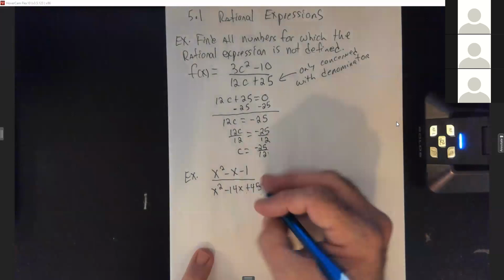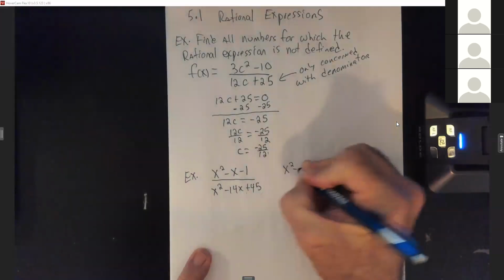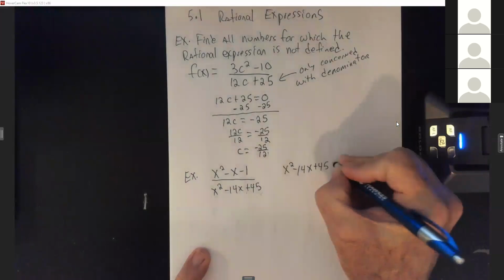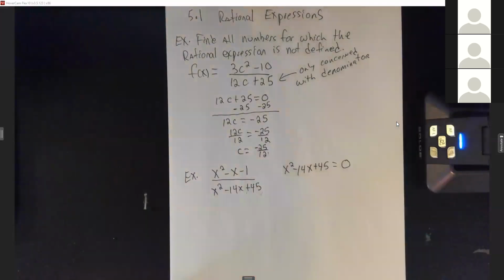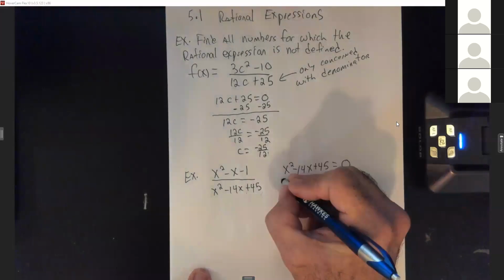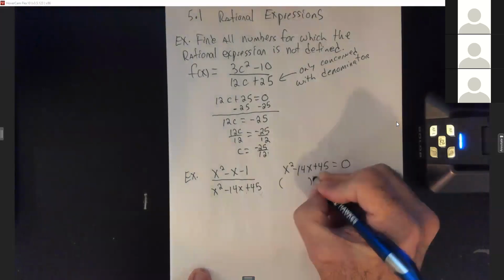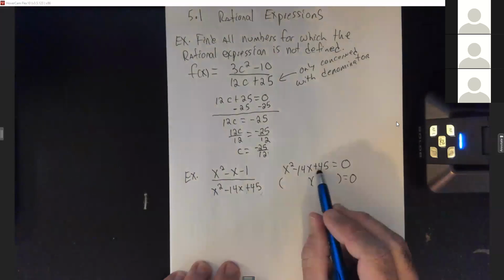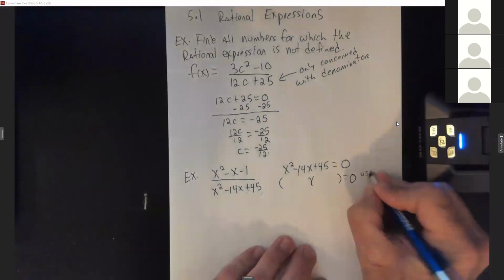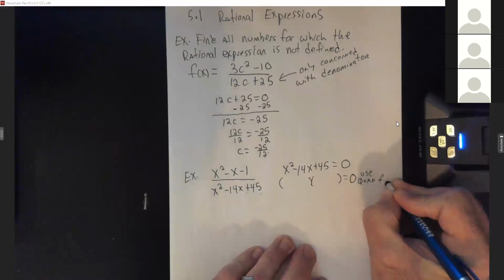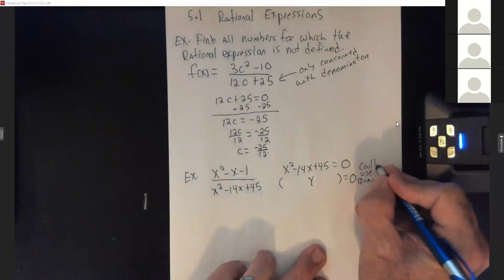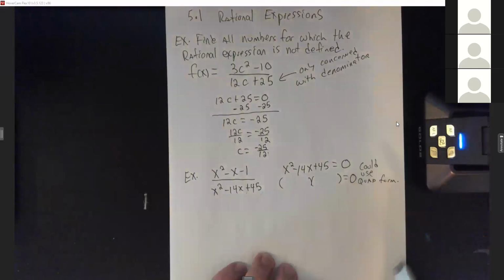I'm going to take that bottom, x squared minus 14x plus 45, and set it equal to 0. Now, I'll probably factor this. Since this is a quadratic equation, you could use the quadratic formula if you want.